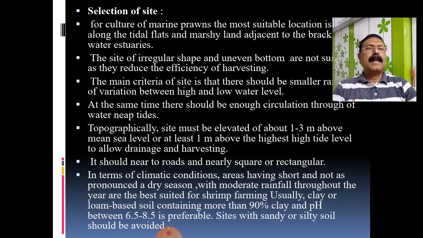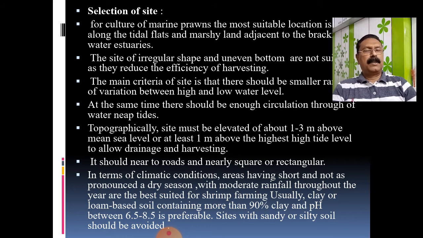Therefore, there is very little fluctuation between the high tide and the low tide. That means the site will get the marine water source, the marine water flow, very easily. Therefore, the main criterion of the site is that there should be a smaller range of variation between high and low tide water level.